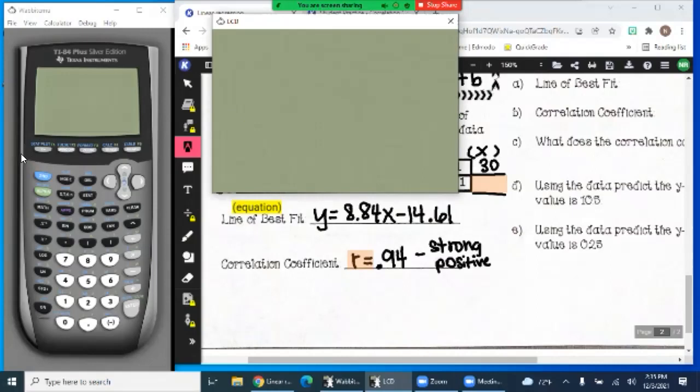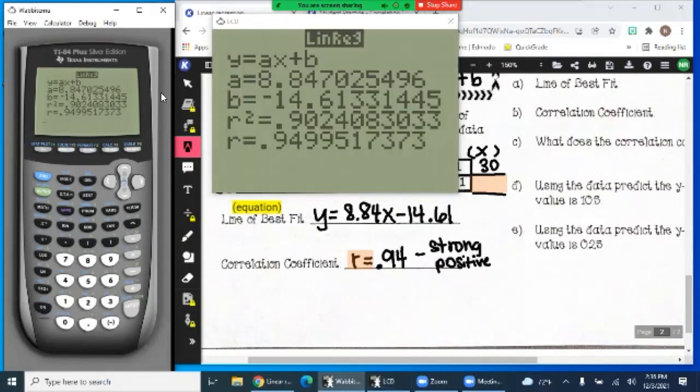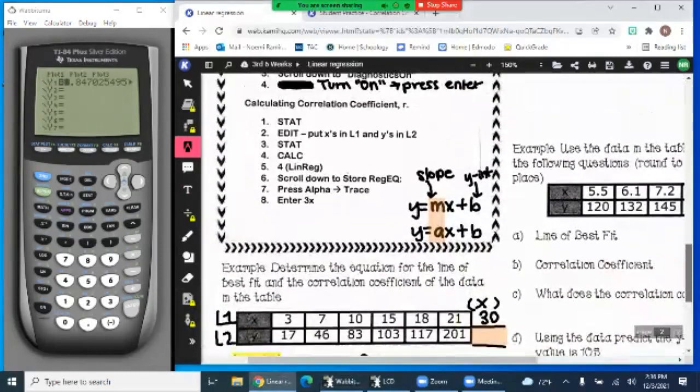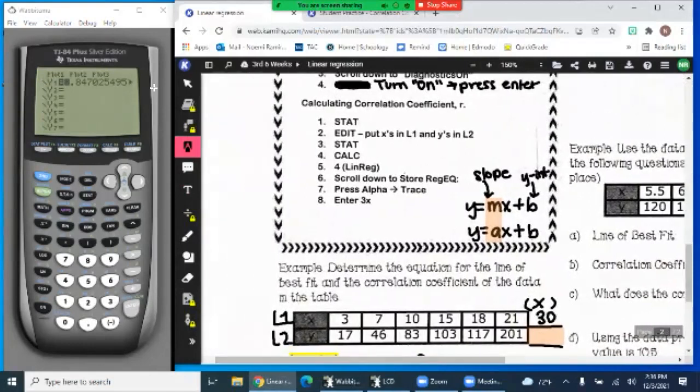First thing you're going to want to do is go to y equals. Go to y equals and make sure you have your numbers there. If this screen is blank, if you don't have your 8.847025495, that is because you missed a step. So we're going to make a little note. If that is blank, that is because you skipped step 7. Step 7 is that important.